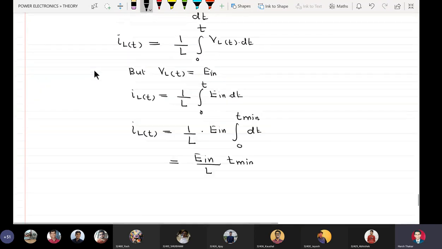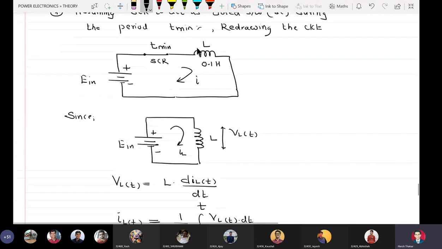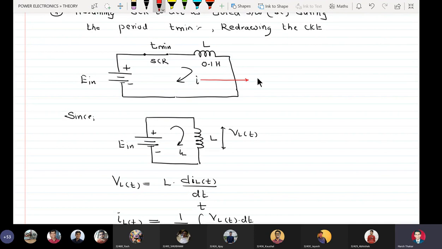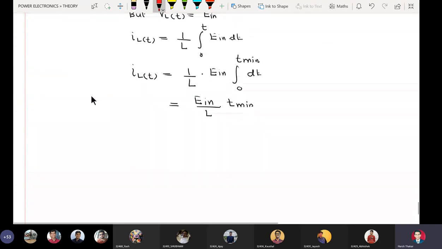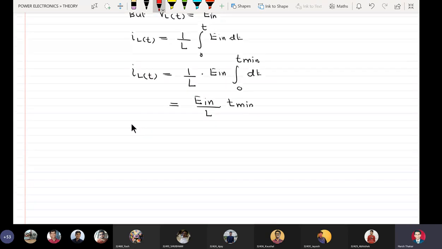Okay. Now this particular current in the circuit should be greater than or equal to the latching current IL to ensure latching. Okay. So IL of t should be greater than or equal to IL.